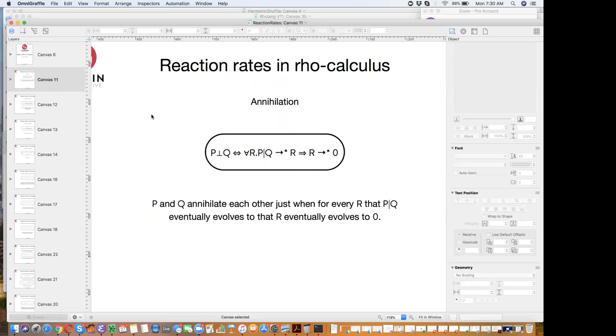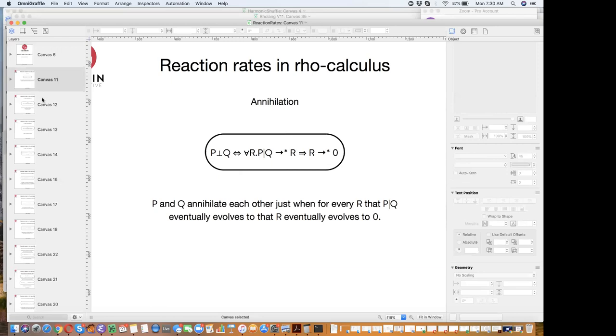If you think about that formula for two shakes of a lamb's tail, you'll realize that this says all paths lead to 0 when you put P and Q together. So basically what you're saying is that P par Q terminates, and it always terminates under all evaluation paths. That's what annihilation is.